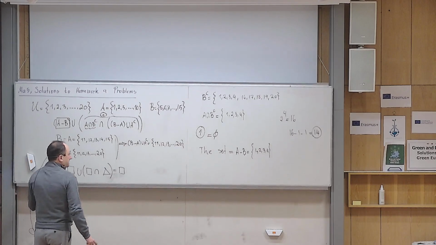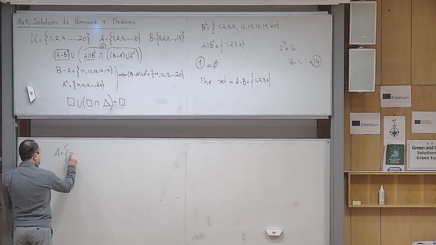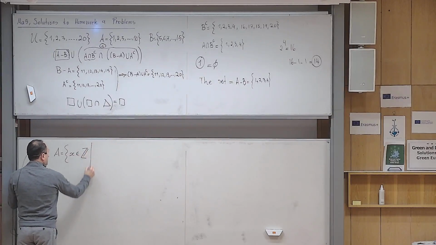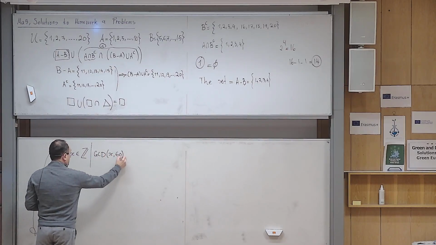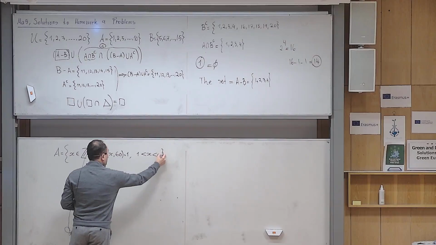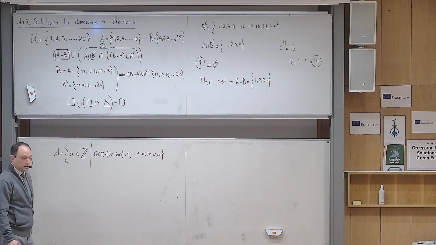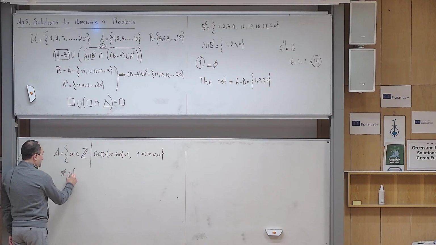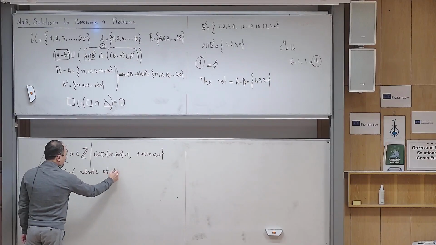So let me write it down on the board. A set is given to us. A is the set consisting of all integers x such that GCD of x and 60 is 1, and x is between 1 and a. But on the other hand, I know the number of subsets of A is equal to 128.